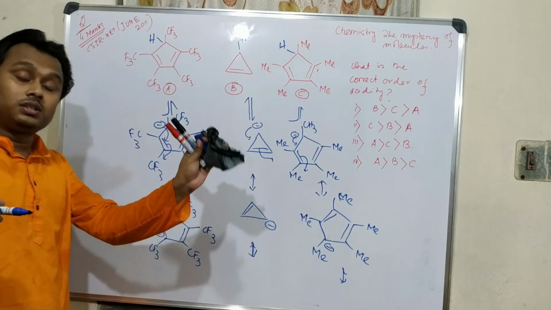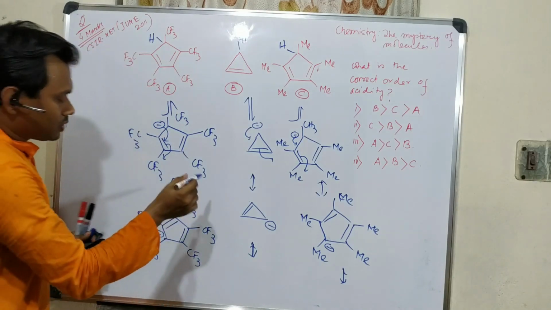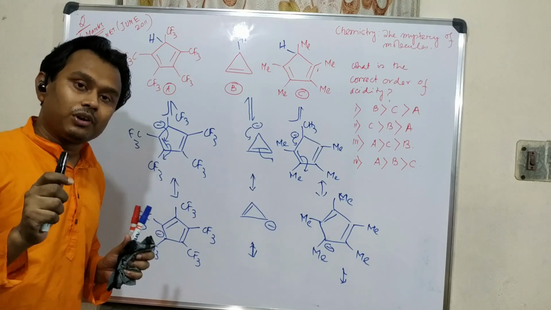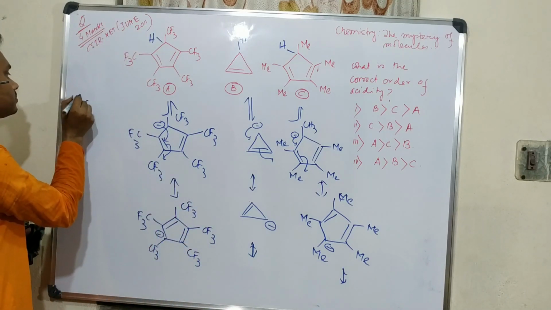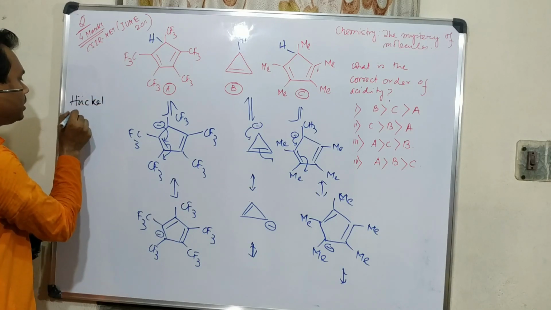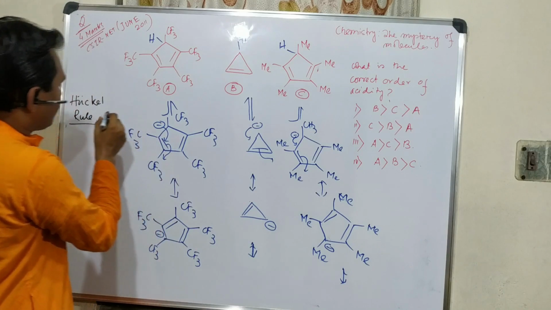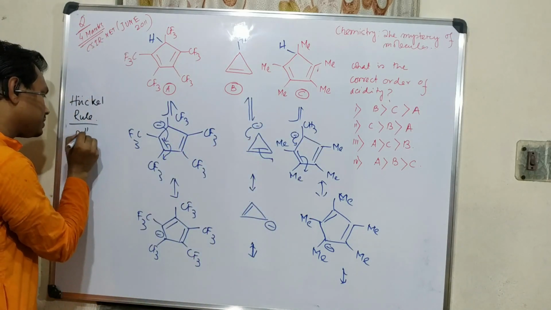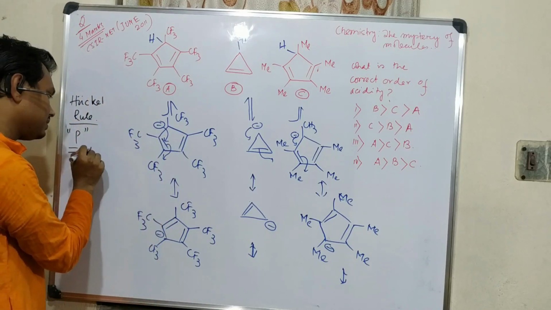So this question comes from aromaticity. You have to keep this fact in mind. If this problem comes from aromaticity, then the most important thing is Huckel's rule. Huckel's rule means that all the conjugated atoms involved in aromaticity should contain a p orbital.